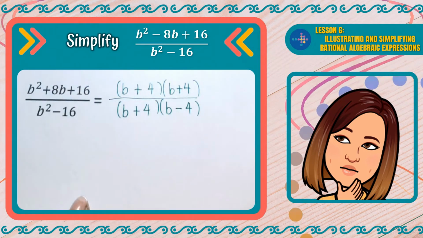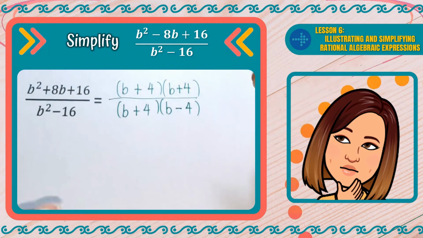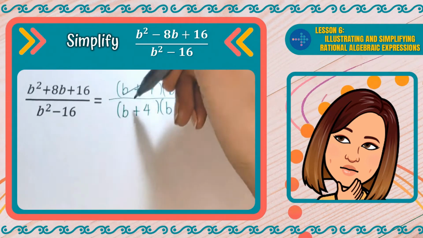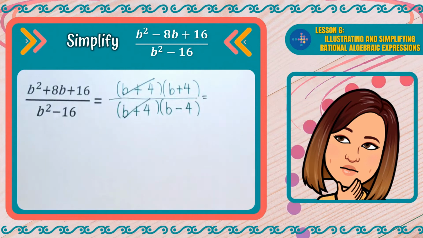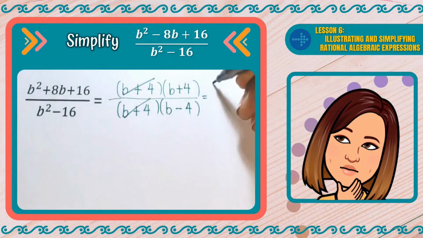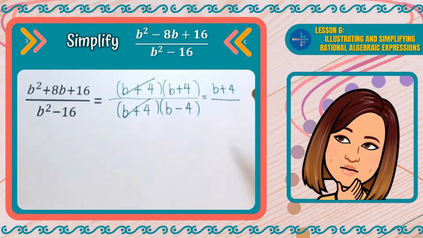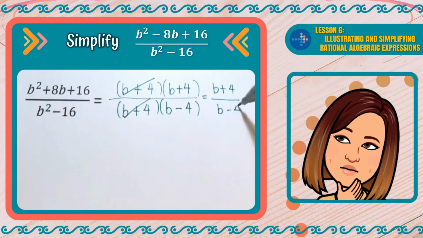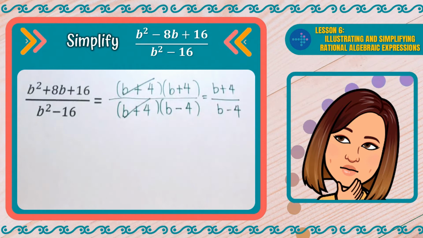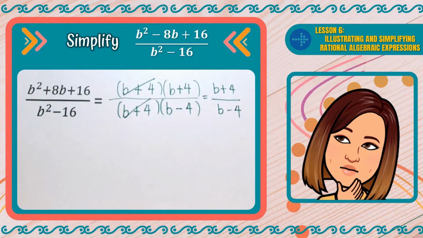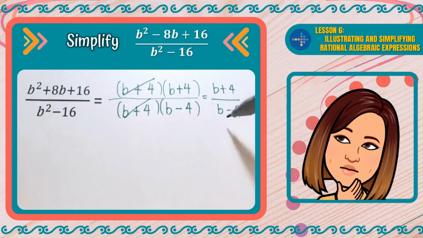So, cancel common factors, and the common factor is yung binomial b plus 4. The remaining factor in the numerator is b plus 4, while in the denominator, we have b minus 4. So, the simplest form is b plus 4 all over b minus 4.